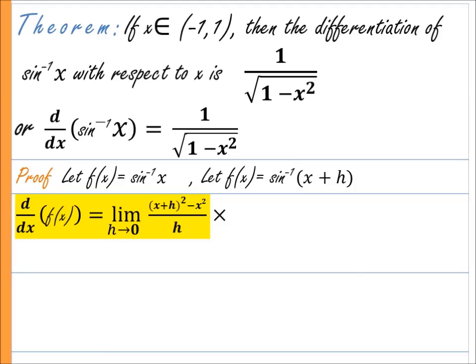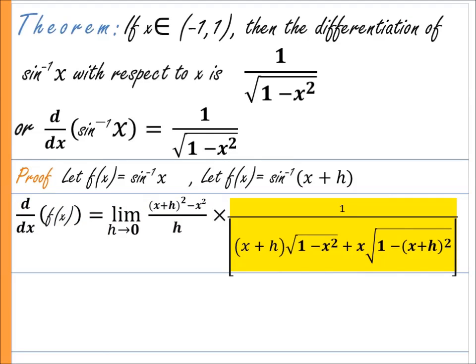And now this derivative becomes limit h approaches 0, x plus h square minus x square, divided by h, into 1 upon x plus h into square root of 1 minus x square plus x into square root of 1 minus x plus h whole square.